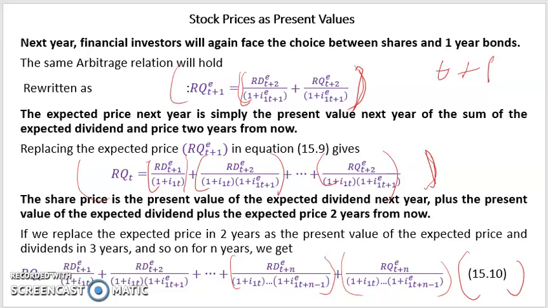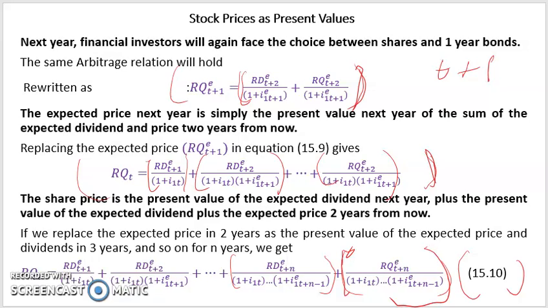Okay, so now if we look at the last term of our equation, this one here, the present value of the expected price n years from now.